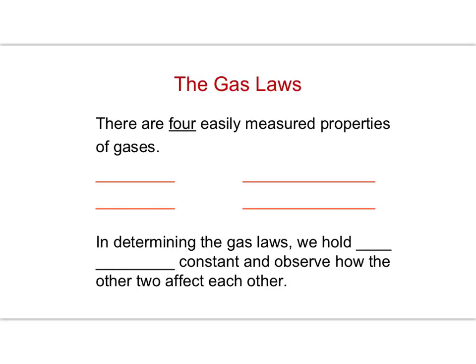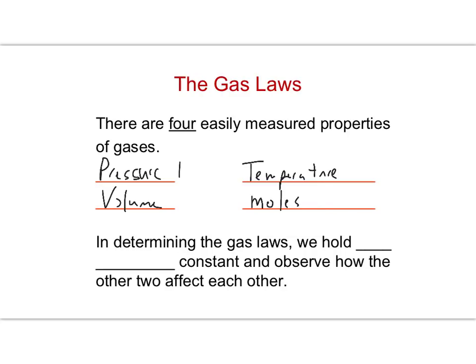Before we can start talking about gas laws, we need to talk about what quantities are measured and how each of these measured quantities is affected by the others. So the four quantities that you can easily measure for gases are pressure, volume, temperature, and the number of moles, or the amount.